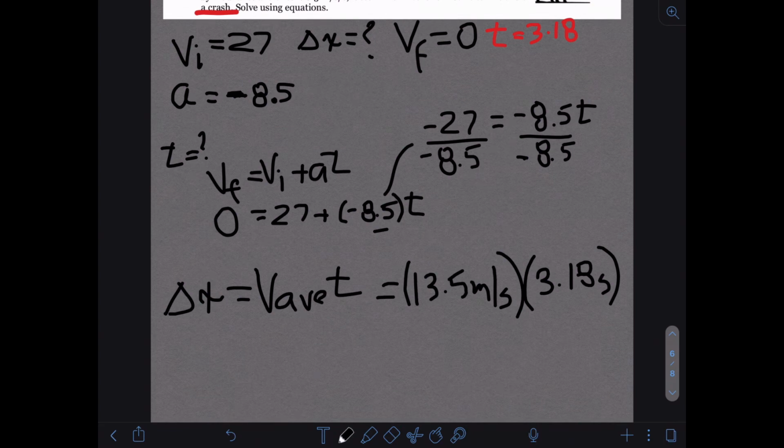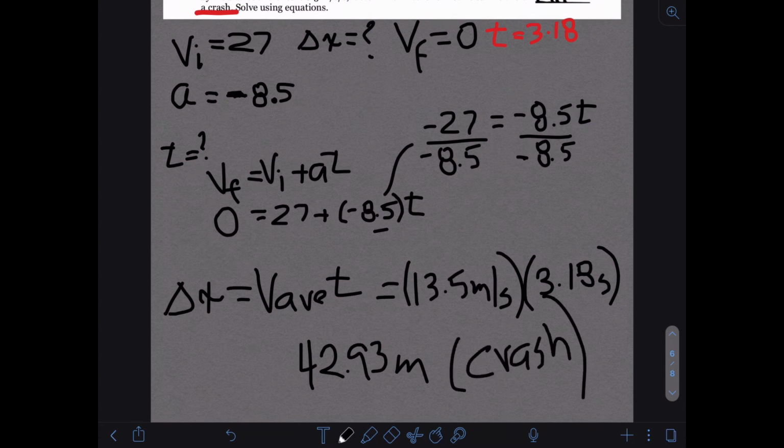So 3.18 times 13.5. I get 42.93 meters. So the car hits the moose. So basically, just don't write the number down and just say that the problem's done. Speak intelligently and say, what does the 42.93 mean? That's the first method.